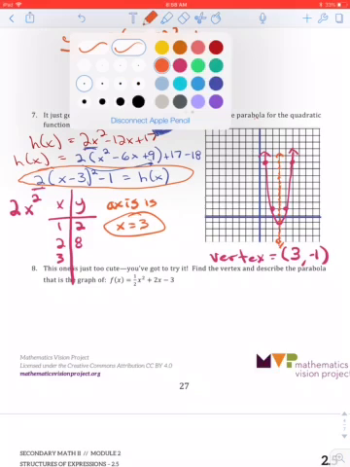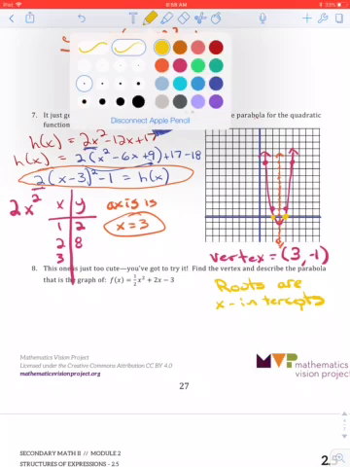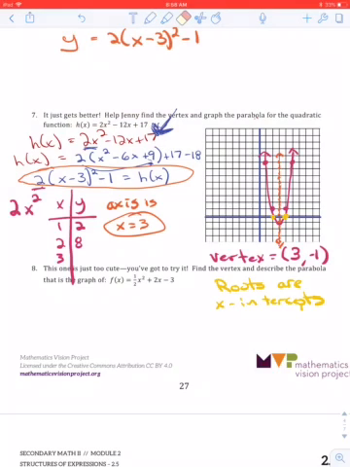So for example, what I'm really searching for here, when you look at the graph, is these 2 points here. And these yellow points are called roots. And roots are x-intercepts. So think back to Algebra 1 and what we knew about x-intercepts. When you have your x-intercept, the y value has to be equal to 0. So we're going to start thinking about what x value would make y 0.